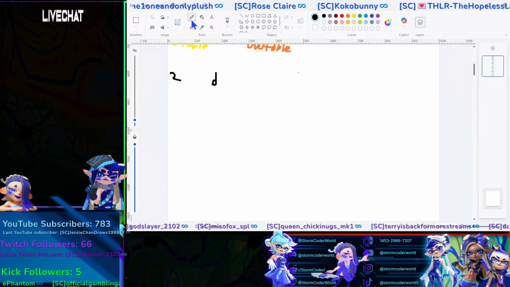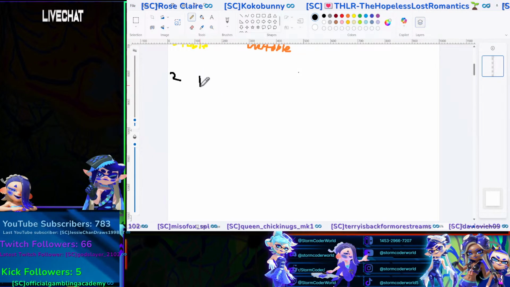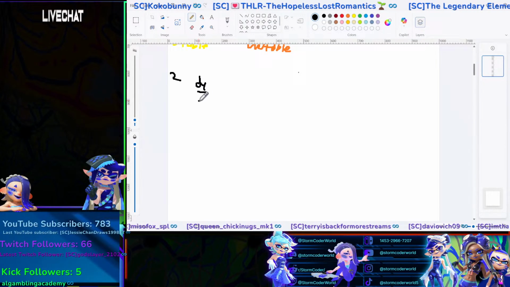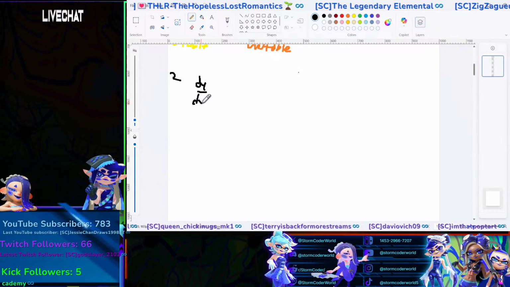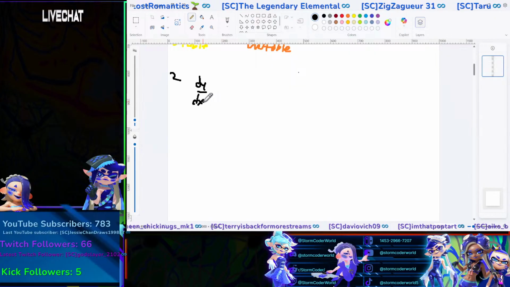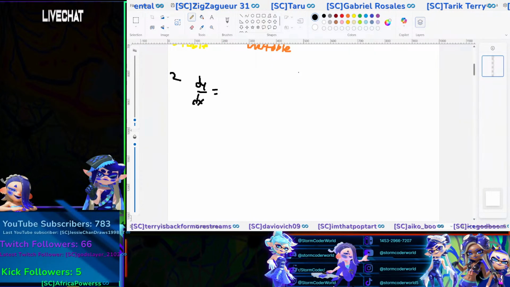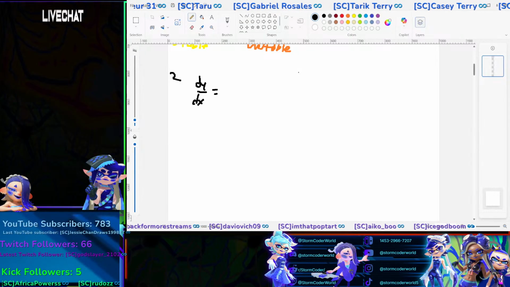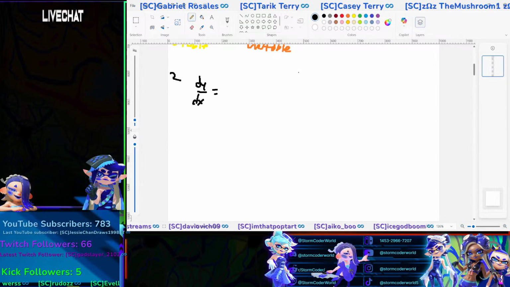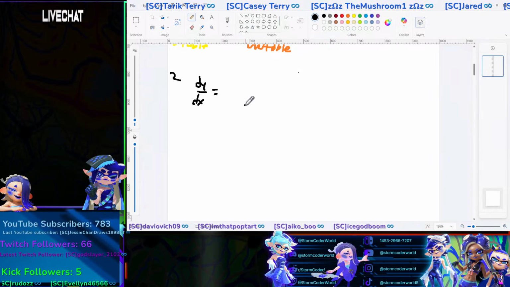Actually, I can move this back a little bit because I want more space. I'm not muted. There we go. dy/dx is equal to, in this case, 20 square root xy.